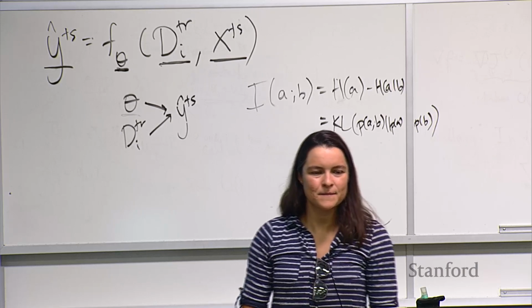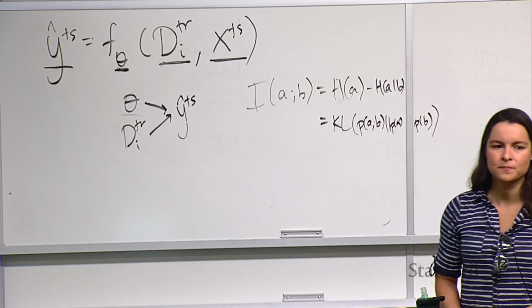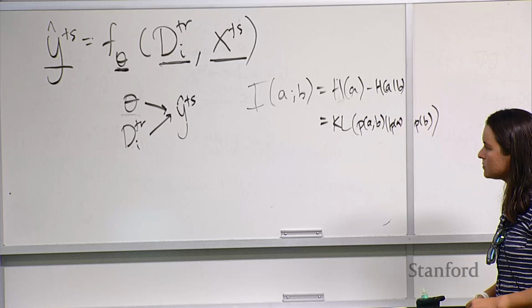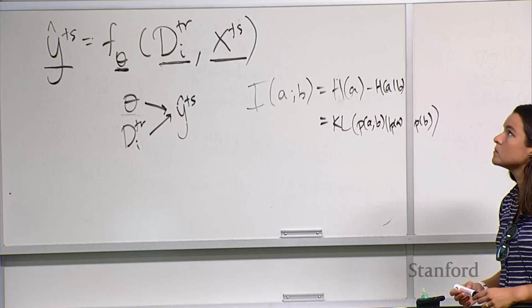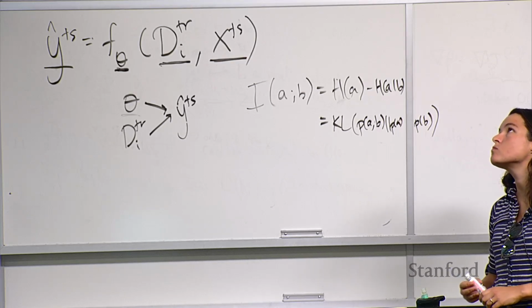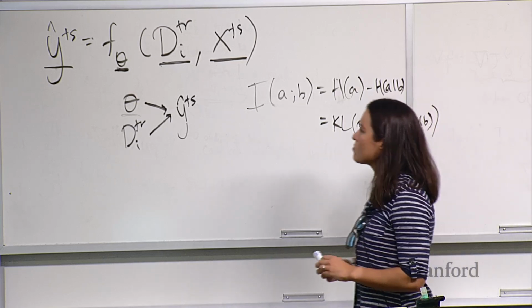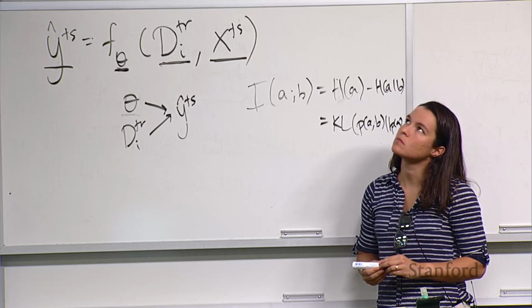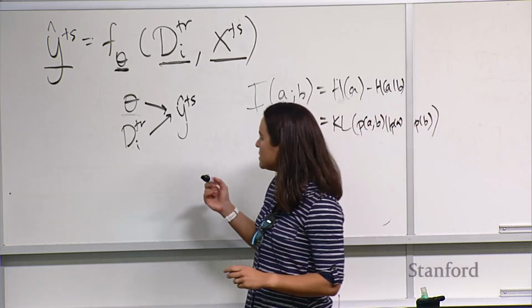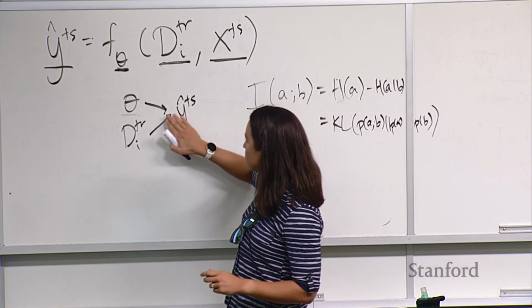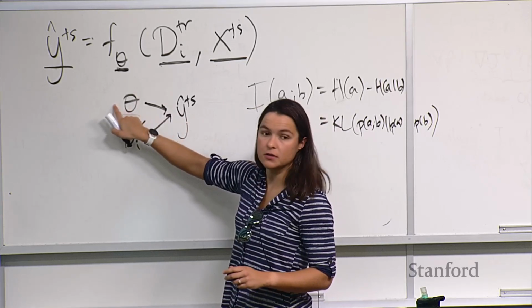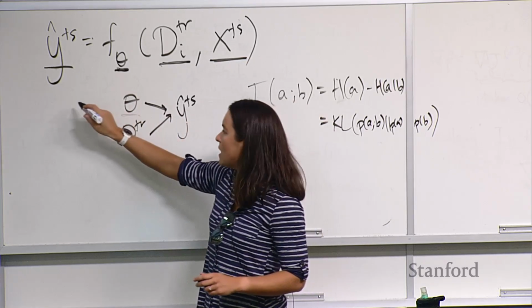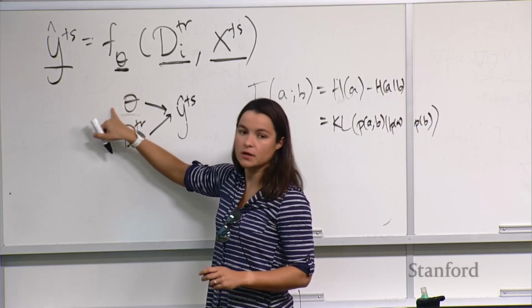Yeah? Couldn't you pass your support set through the meta parameters and then try to predict the task identifier from that? And that would restrict the information about the task memorization in the meta parameters. So are you saying to erase this arrow and have an arrow from here to here? Or are you saying to add an arrow from dtrain to theta?